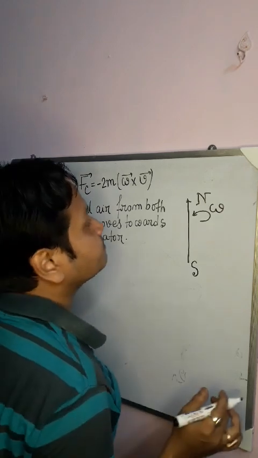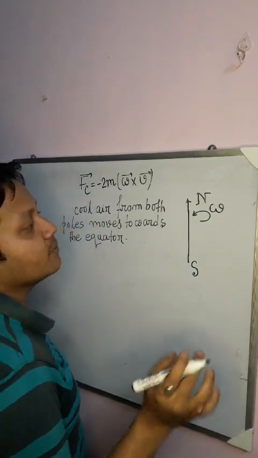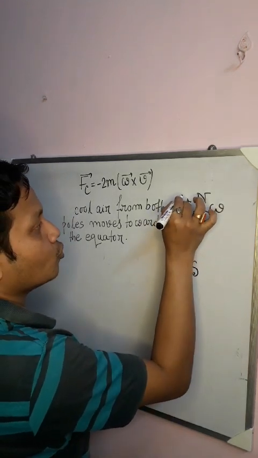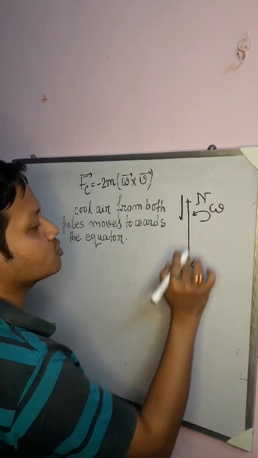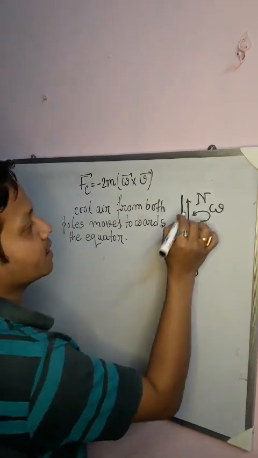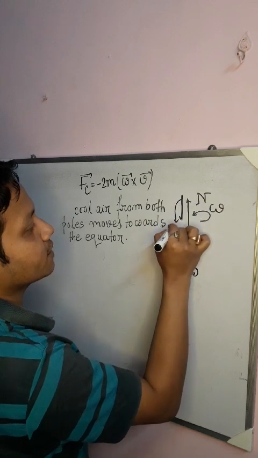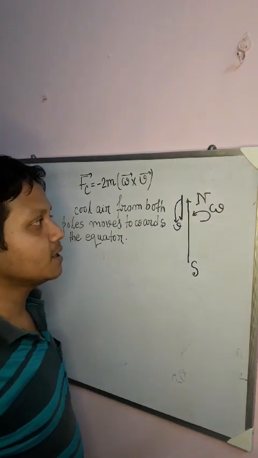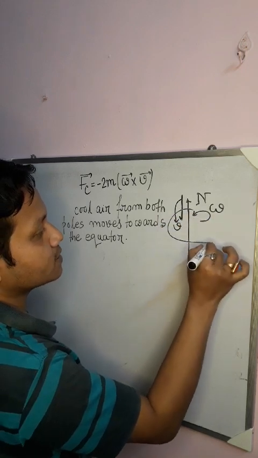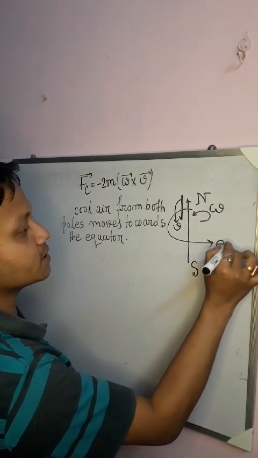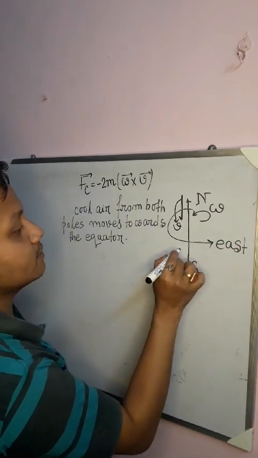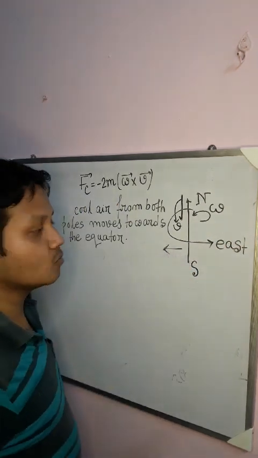So that means in the northern hemisphere a cool air is flowing from north to south. Okay, that means velocity is along this direction. So if you take omega cross v, then the direction of this wind will be towards east, but on account of the minus sign the direction is along west.